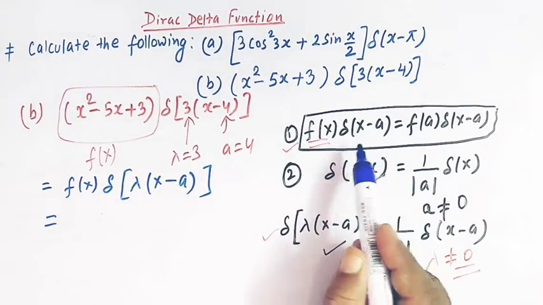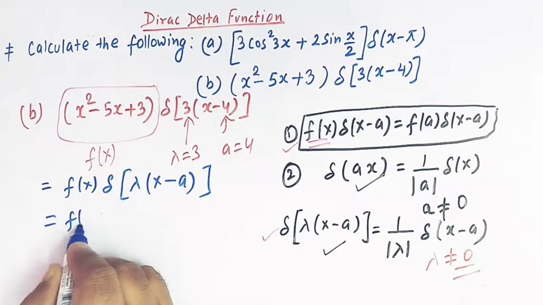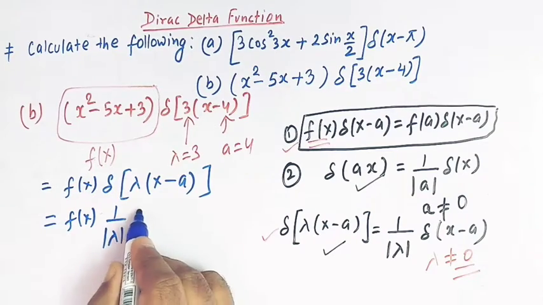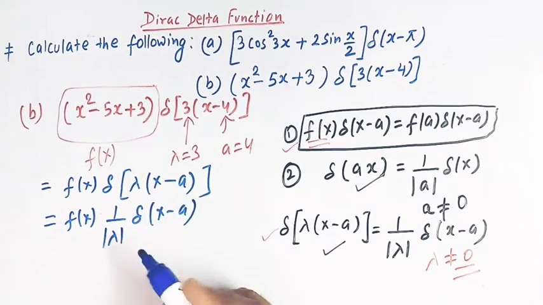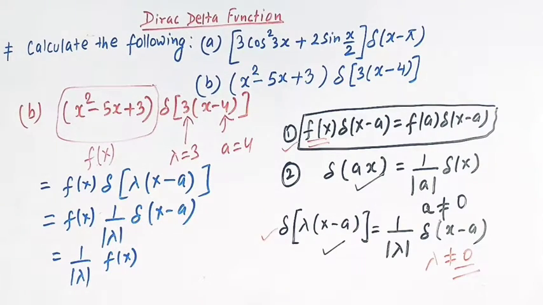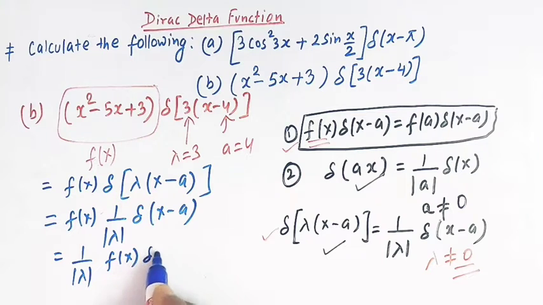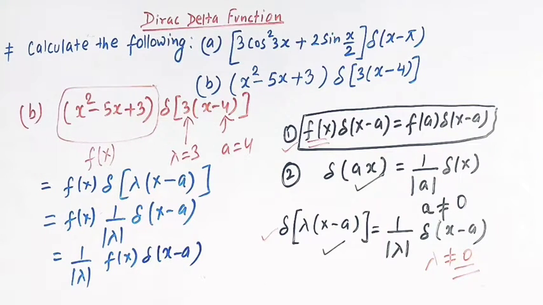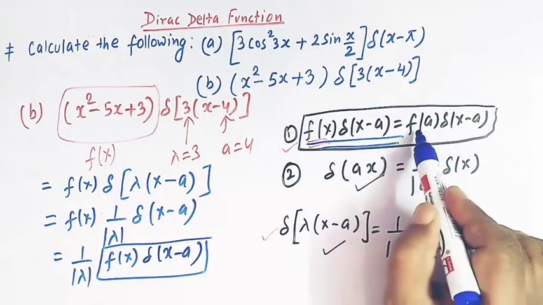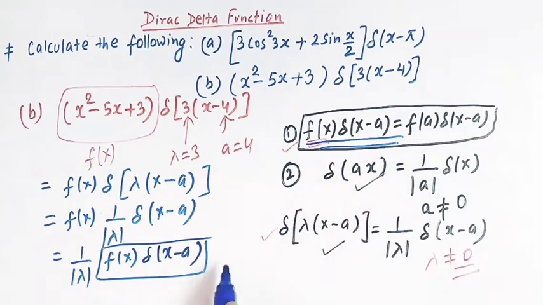So using this property, we can now write f of x and 1 over absolute value of lambda delta of x minus a, and this is 1 over absolute value of lambda f of x delta of x minus a, right, and f of x delta of x minus a can be replaced by f of a delta of x minus a, right.